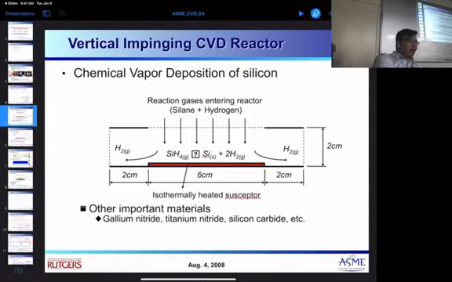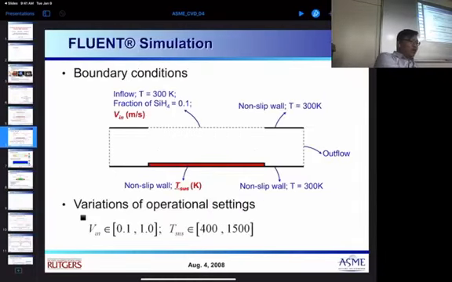We were depositing silicon on top of the bottom surface. Silane came from the top with hydrogen. At the bottom, because of the heat, silane becomes silicon, and hydrogen goes out from the side. So we were doing simulation.